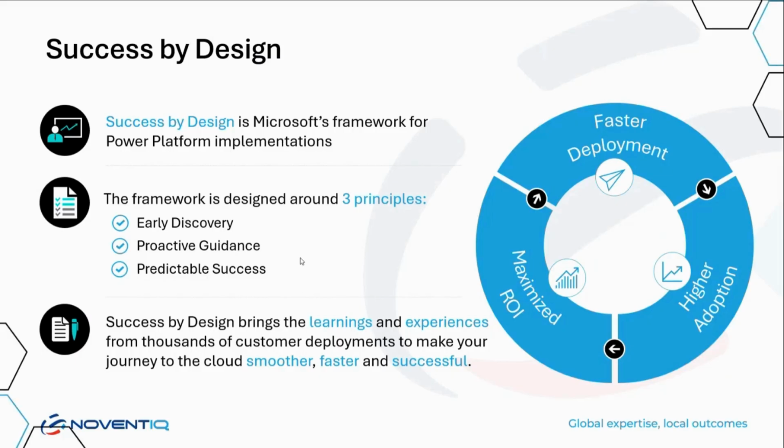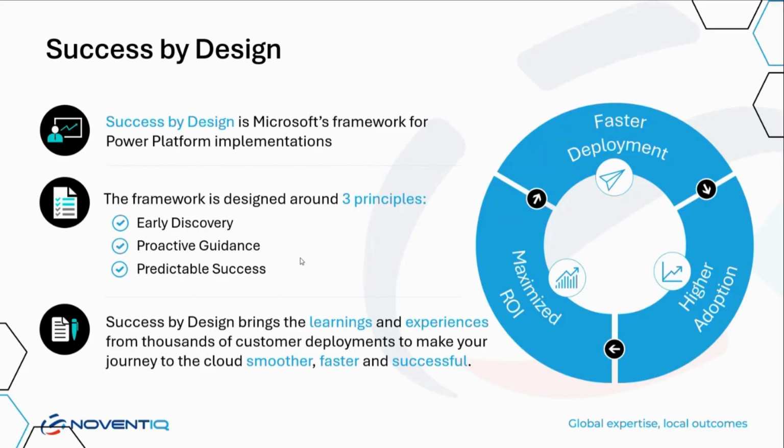Going ahead, Copilot Studio follows the success by design platform criteria by Microsoft, right? Microsoft's framework for success by design is something that Copilot Studio follows. Why is it efficient? Why is it great for citizen developers? Because it facilitates faster deployment, higher adoption, and maximized ROI, right?